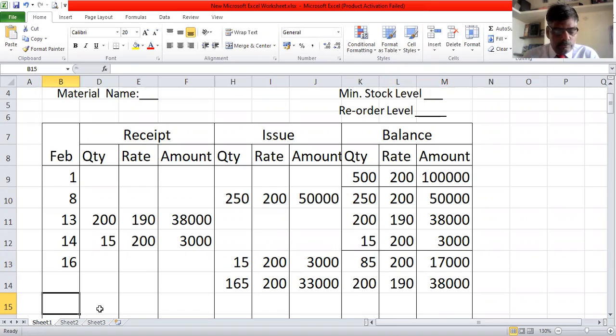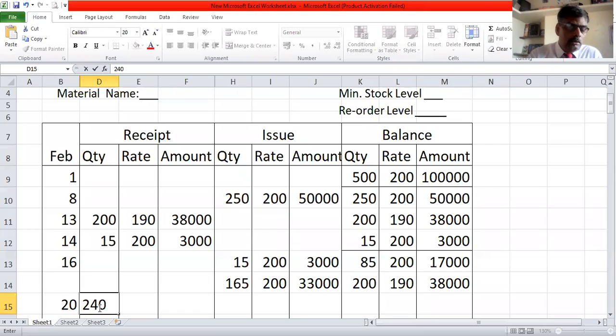Next date is 20th. On the 20th date, there is a receipt. Received 240 units, 240 tons. Rate is 190.